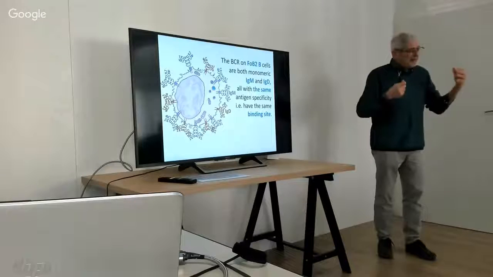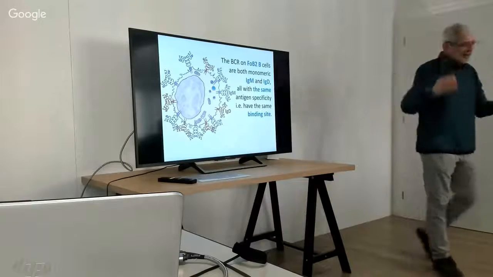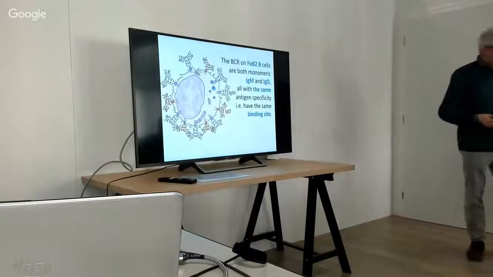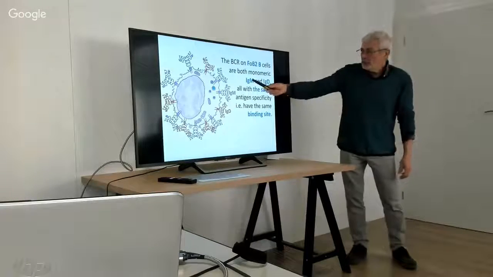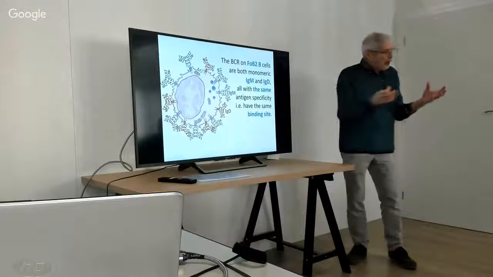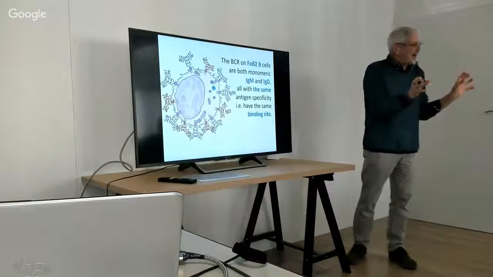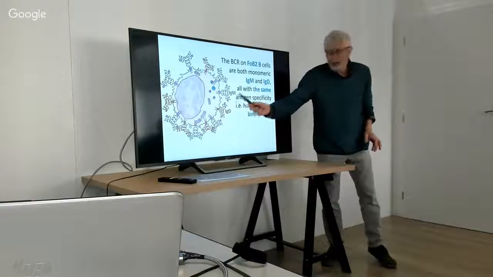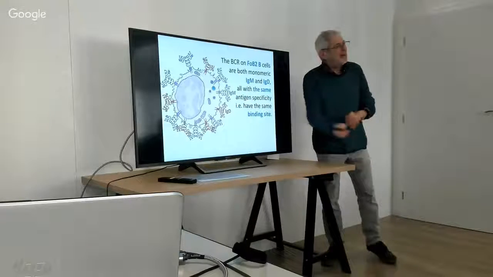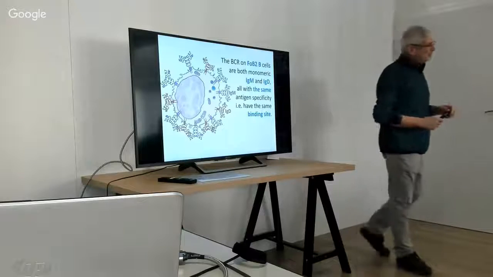And all TCR on the membrane of a T lymphocyte have the same specificity. So in follicular B2 cell, we have two kinds of support of the same binding site. They are just a little bit different, IgM and IgD, but they have exactly the same target.